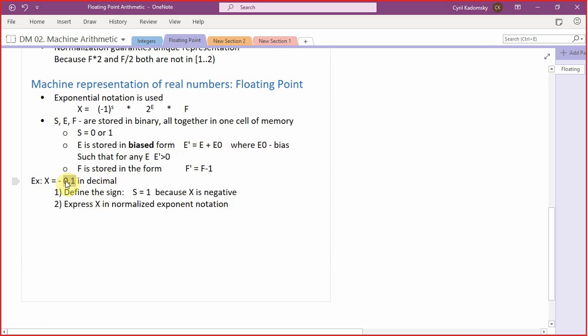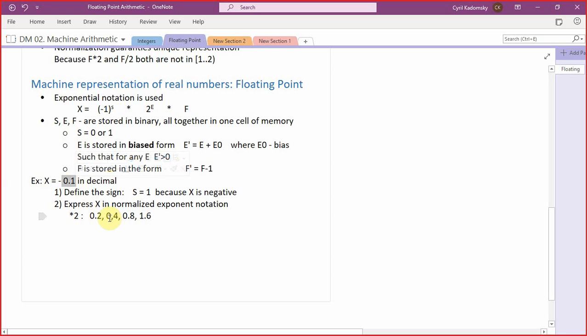So 0.1, this is 1/10. If we multiply by 2, what we get is 0.2. Next we have 0.4. Next we have 0.8. It's still not enough. And then we'll have 1.6.